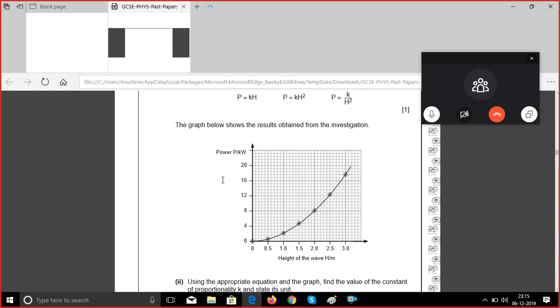So the equation was P equals kh squared, and one of the values is a height of 2.0 and the power was 8.